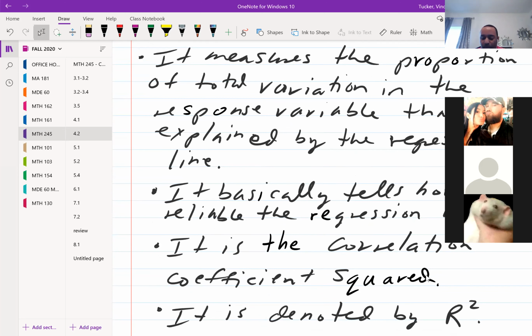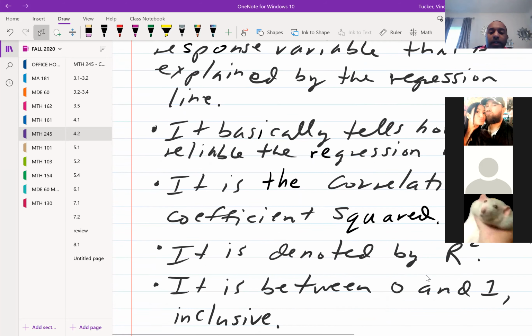It is denoted by capital R squared. It is between 0 and 1 inclusive.